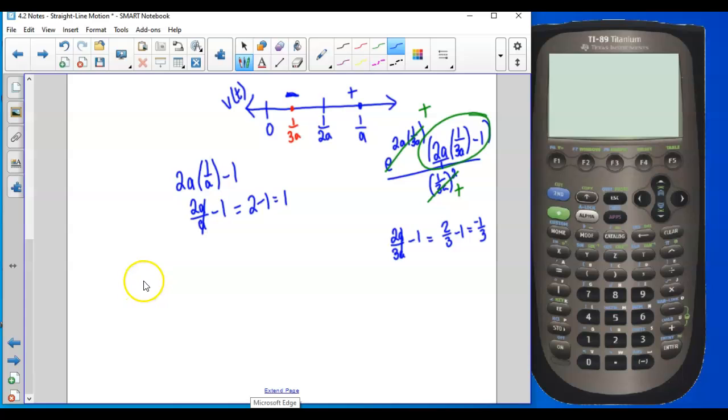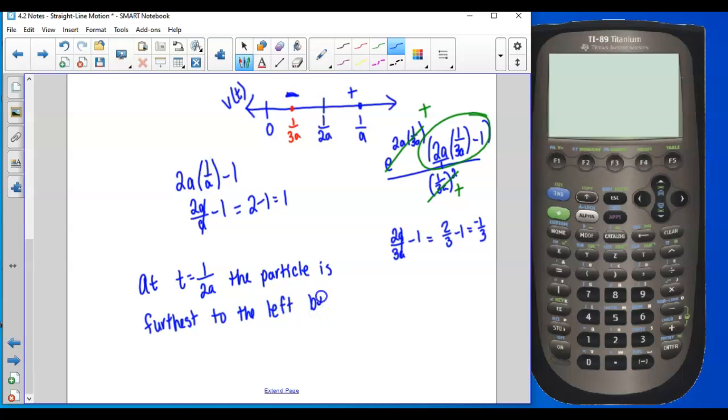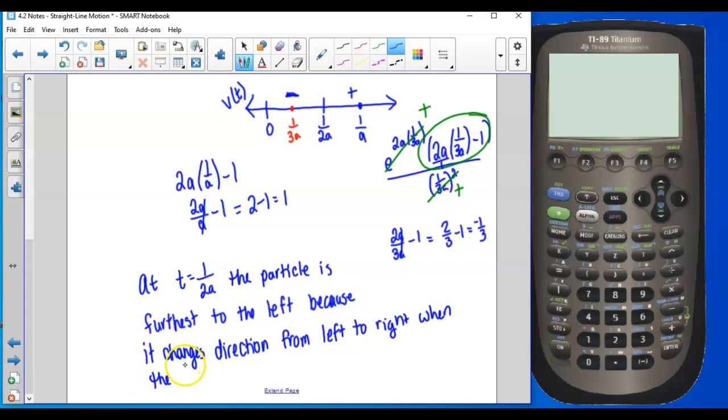So we would say at t equals 1 over 2a, the particle is furthest to the left because it changes direction from left to right when the derivative, or velocity, changes from negative to positive.